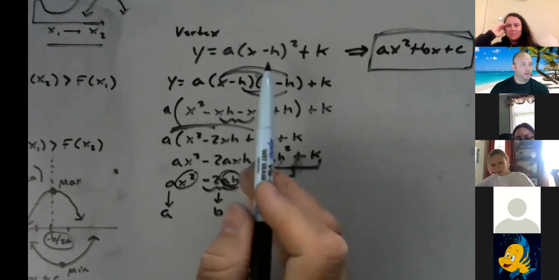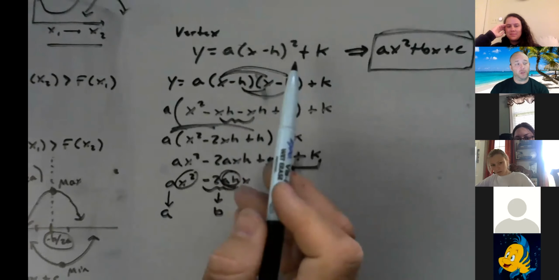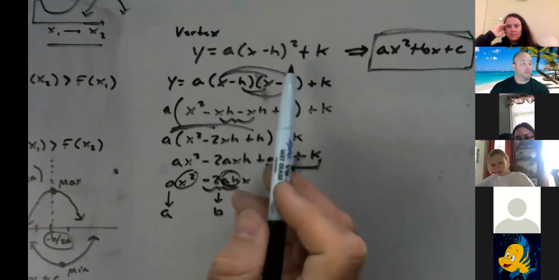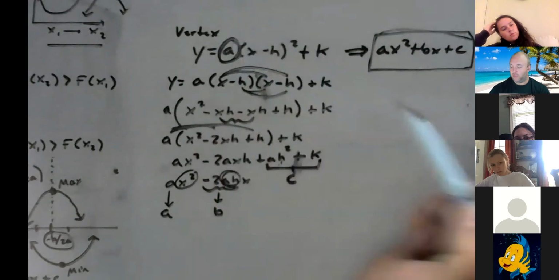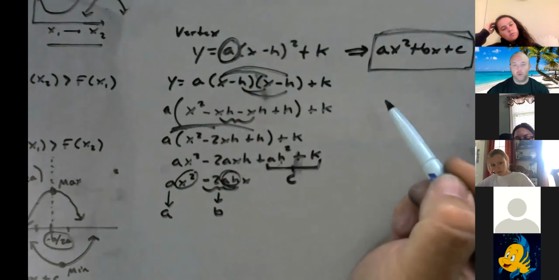You need to be able to look at vertex form and know, okay, what's the concavity? A tells you that. Okay. Where's the y-intercept? That may not necessarily be as apparent.